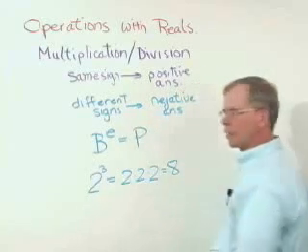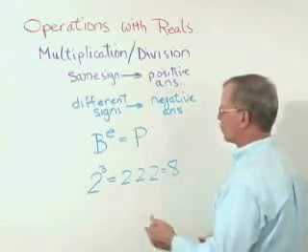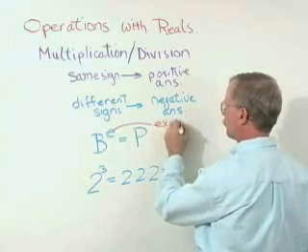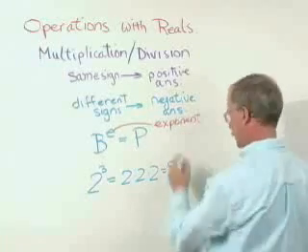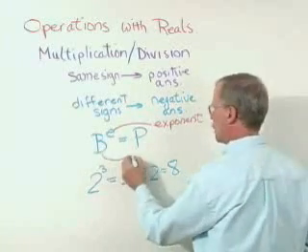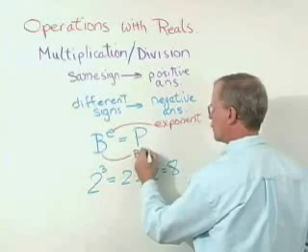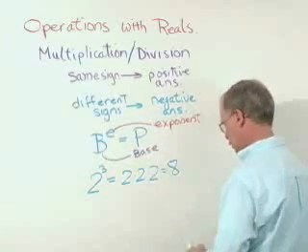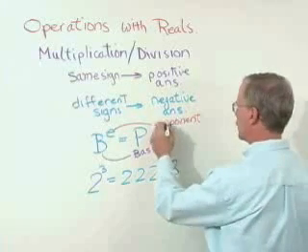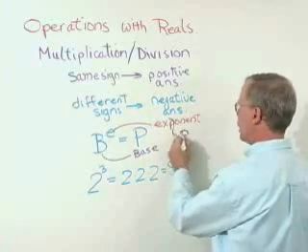How are each one of these things named? Well, the E is the exponent, and the B is the base, and together they are considered to be a power.